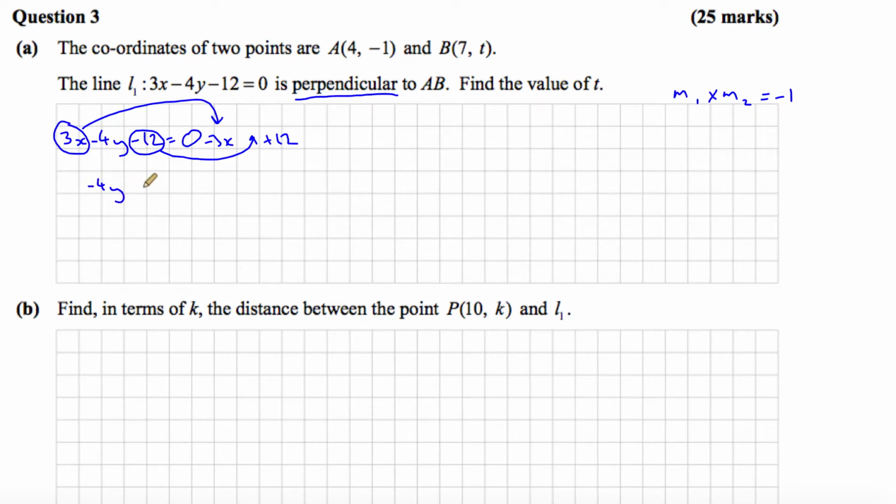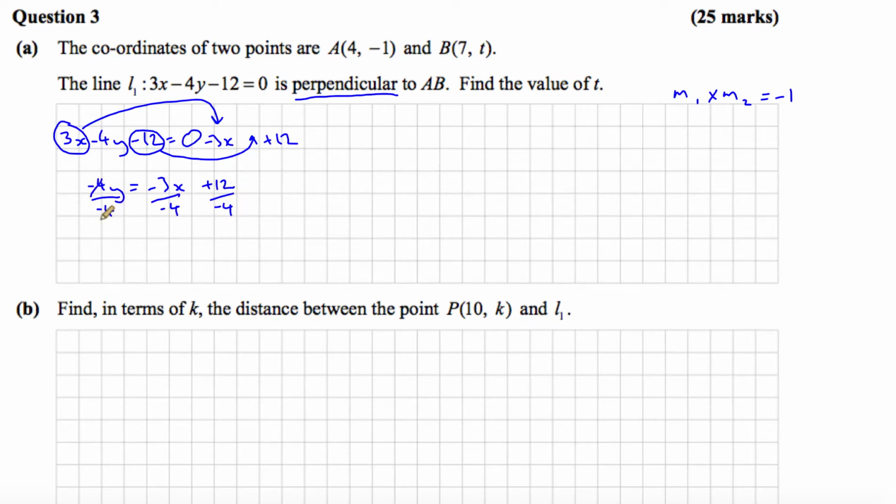So giving us -4y = -3x + 12. Then we're going to divide everything by minus 4. This by minus 4, and this by minus 4.